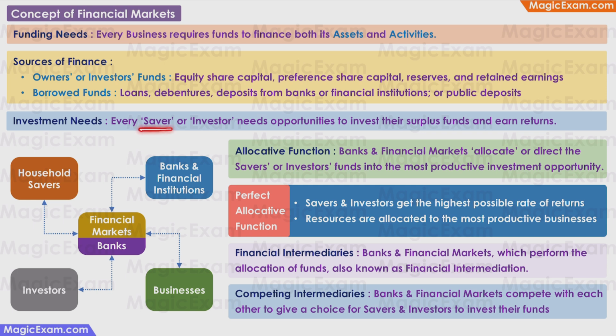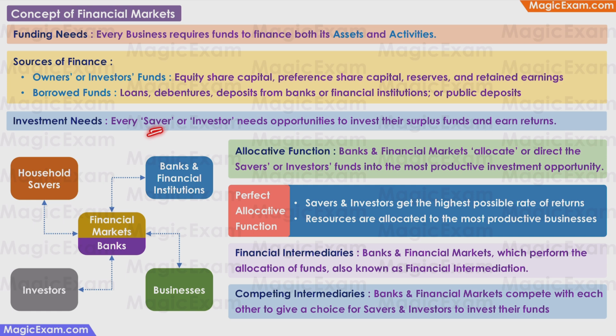Next, let us talk about the savers or the investors. Most of us are savers because we save a part of our income, which is the surplus funds left over after our expenses have been taken care of. Some people who have access to larger amounts of money may be investors. The main difference between savers and investors is the risk that they are willing to take. A saver may typically have a smaller sum of surplus funds, so they don't want to take unnecessary risks.